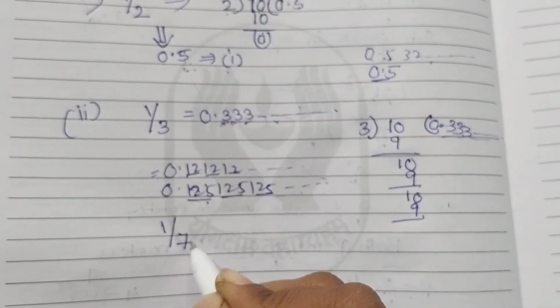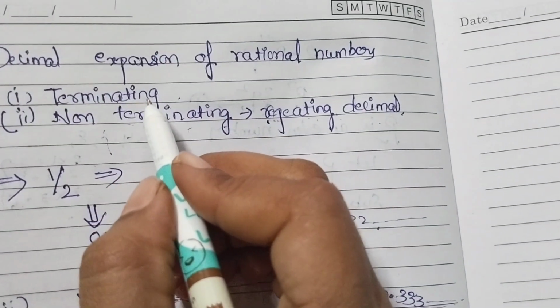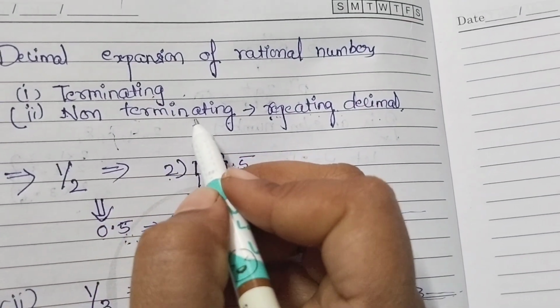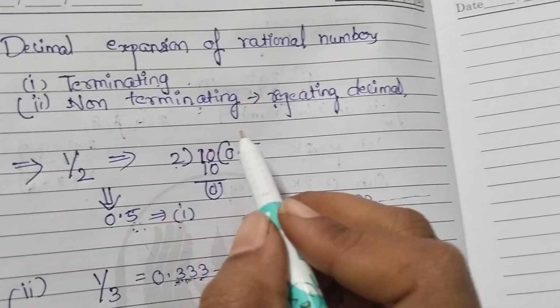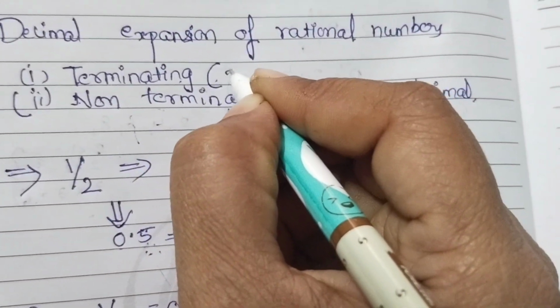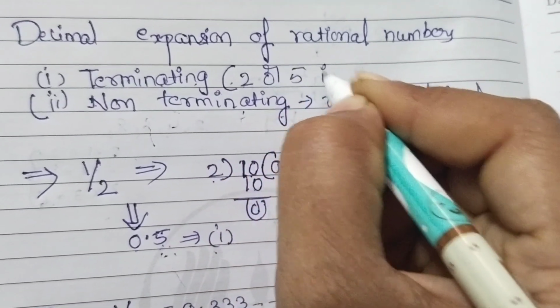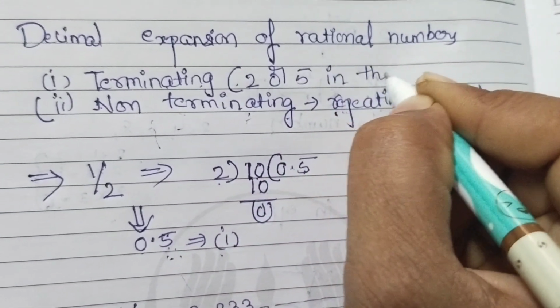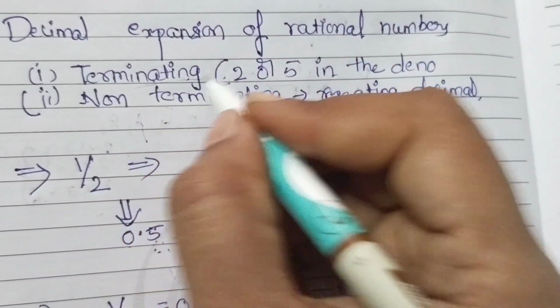Okay, an important trick is how to find whether it is terminating or non-terminating without division. Without using this division, in the denominator we should have either 2 or 5 in the denominator, then it will be a terminating decimal.